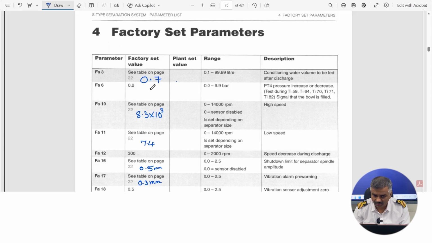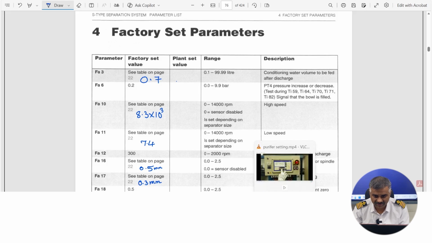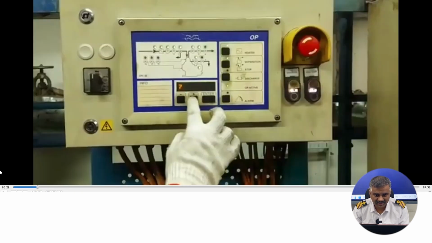Okay, how to reach these factory set parameters? Let me show it to you through a video presentation. We can see in this video the operator entering the process parameters.